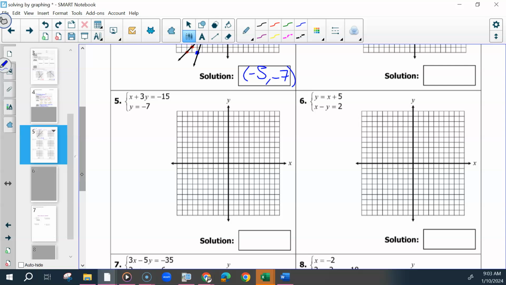For number 5, let's go ahead and solve this first one. Subtract x on both sides, and divide everything by 3.